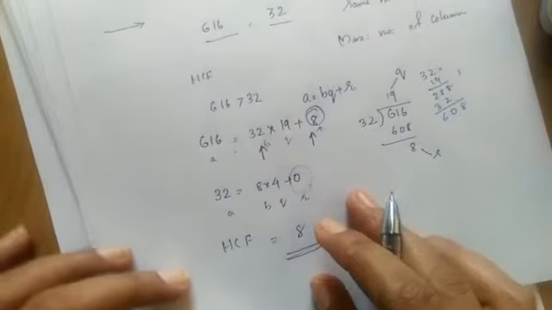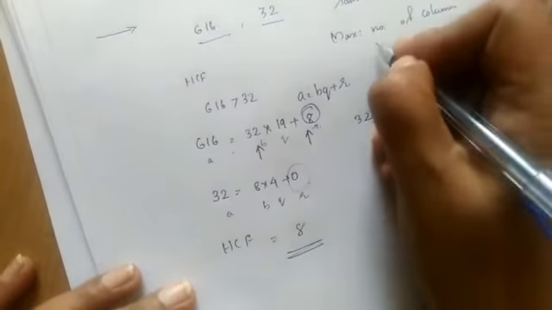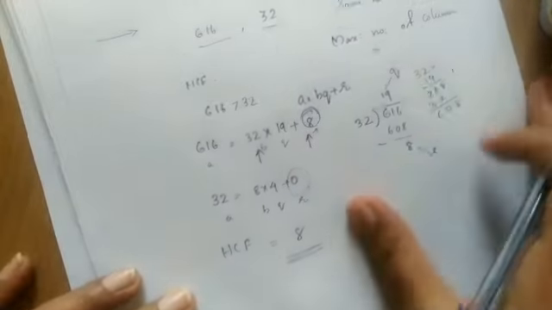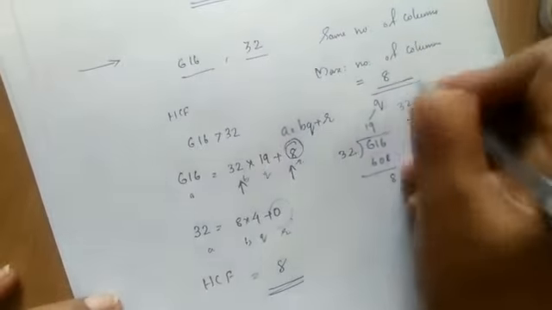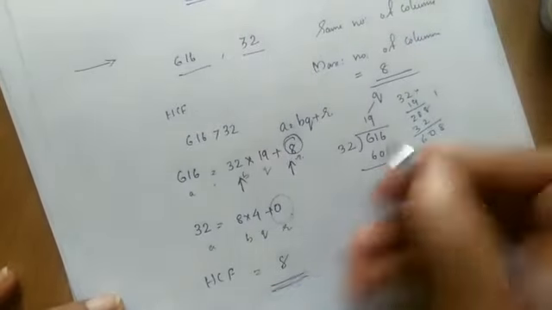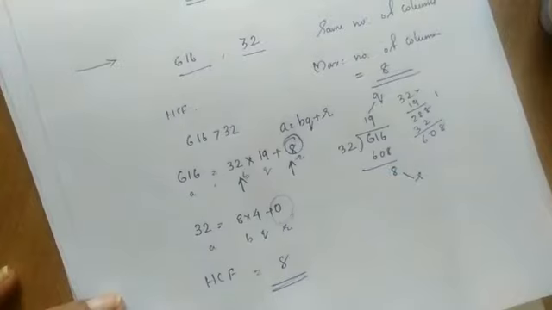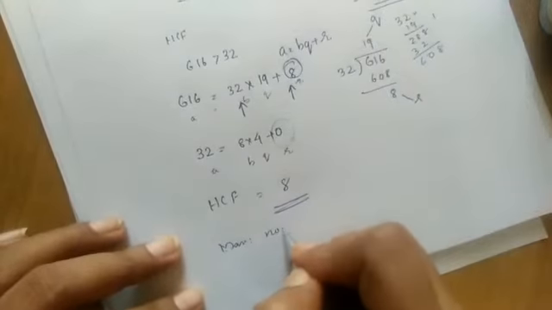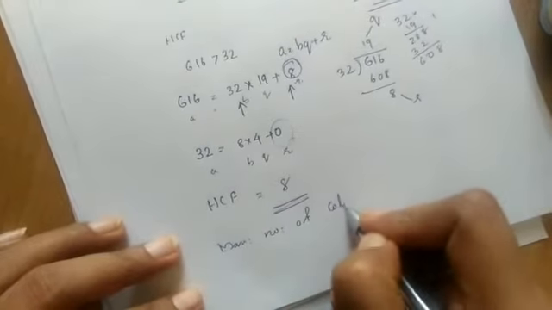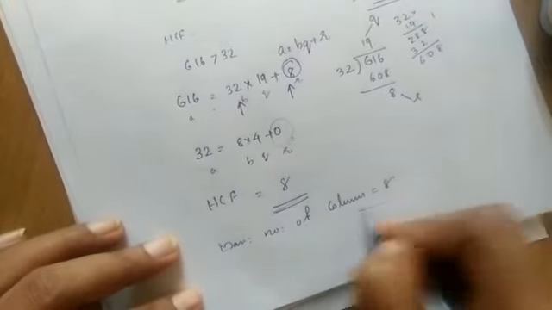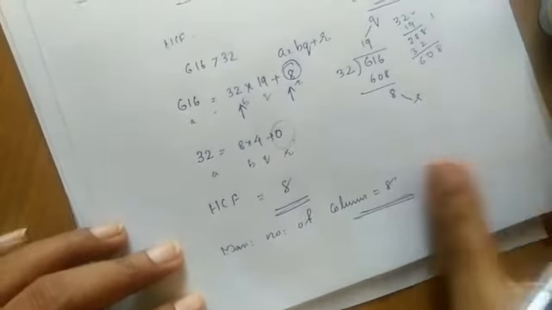So we can say that the maximum number of columns in the given question is 8.